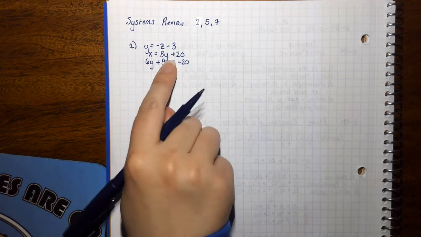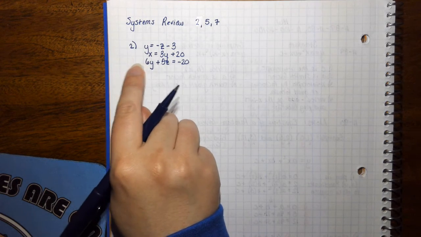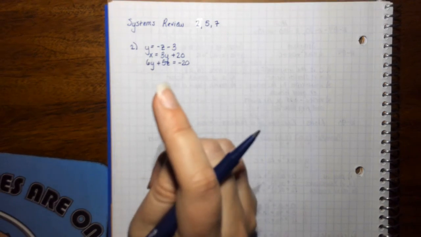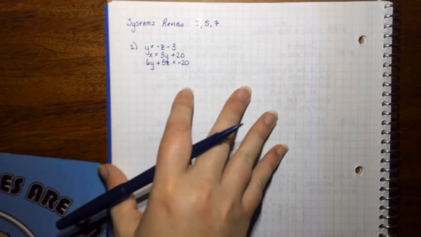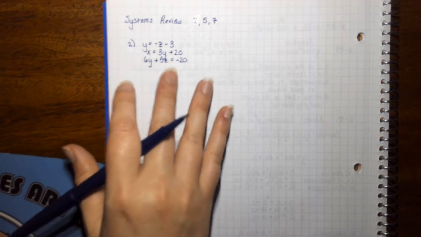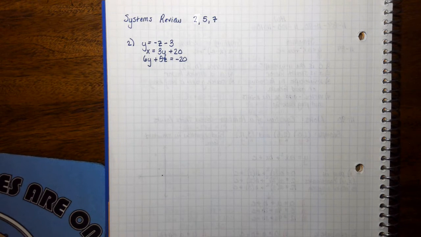And then they would rearrange this one to have x, y, z. And then they would put a 0x in front of here, and they would eliminate the same way we've been doing elimination for 3 variables. So they would just rearrange all of this and put zeros in for any variable that was missing.